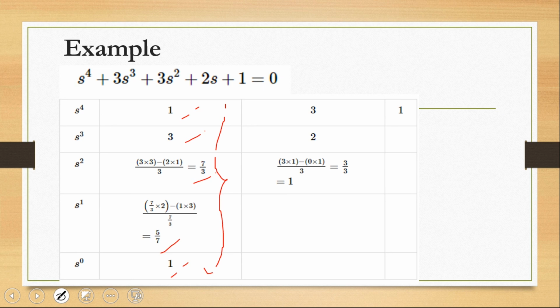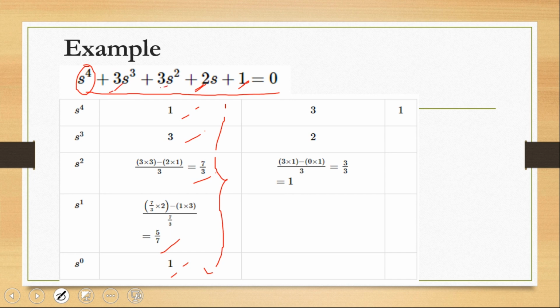So always, to decide the stability of the system, first you observe the characteristic equation. You have to see the coefficients, all should be positive. So we have all positive, so our necessary condition is satisfied.